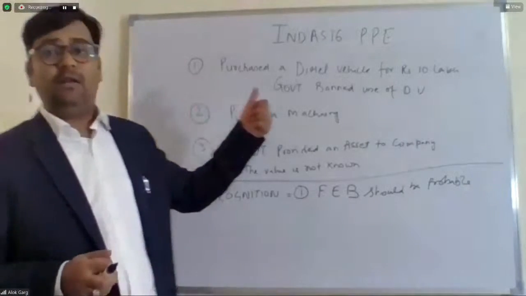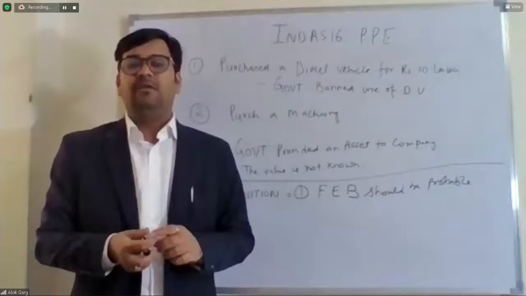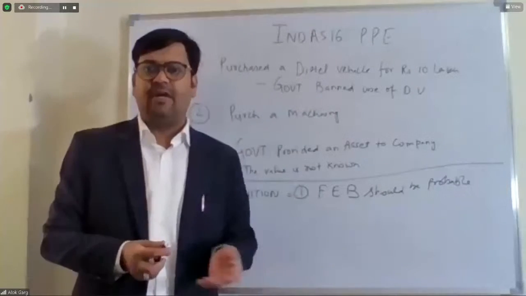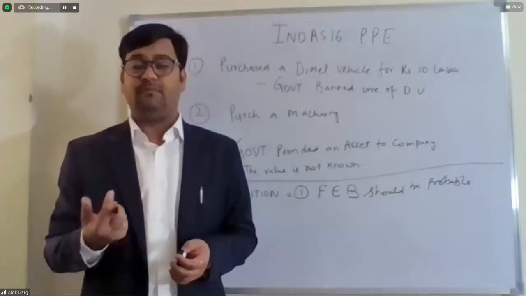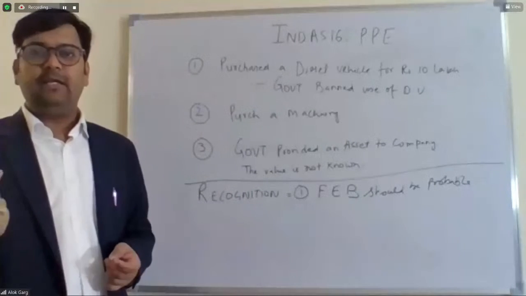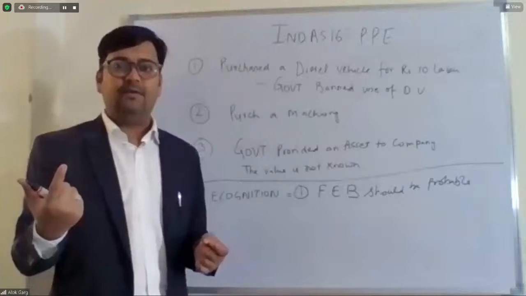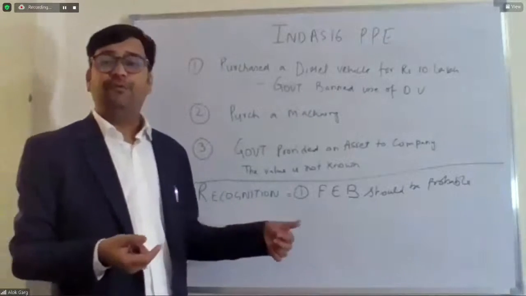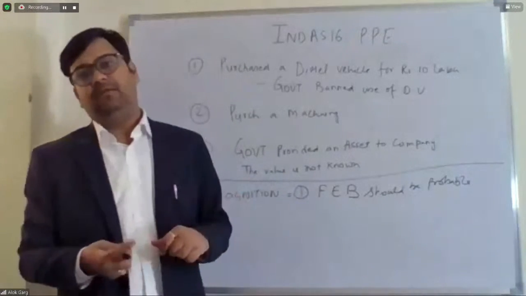The company has purchased the truck and will use the truck for supply of goods. So the company will get the money out of it. So future economic benefit should be probable.